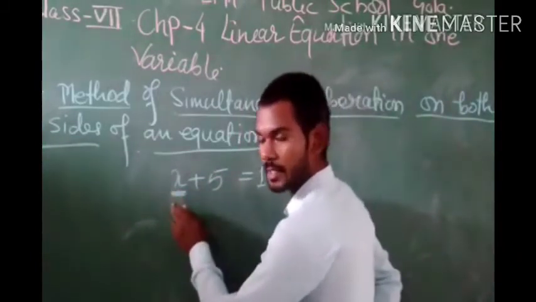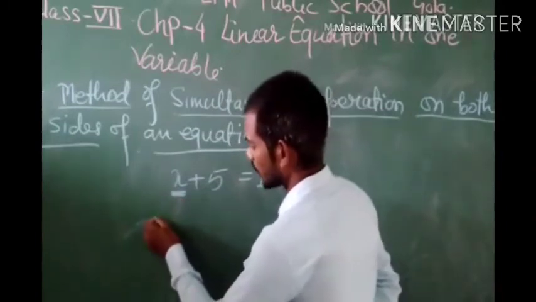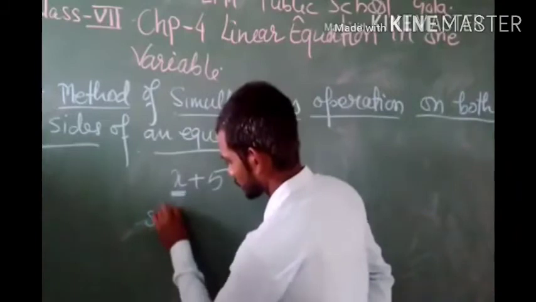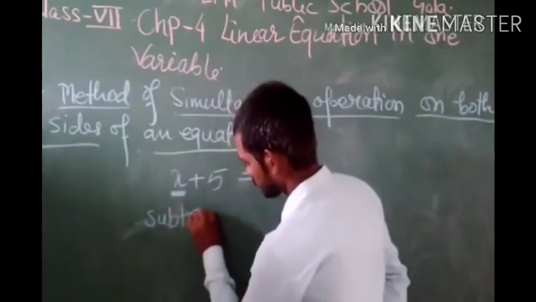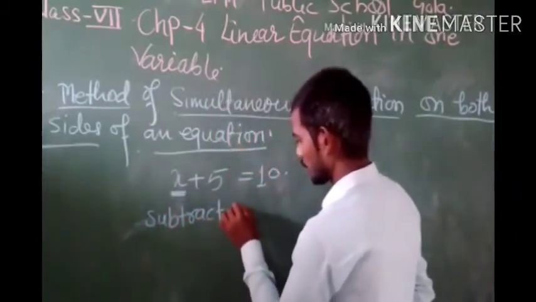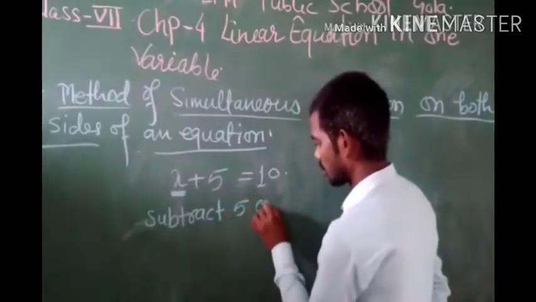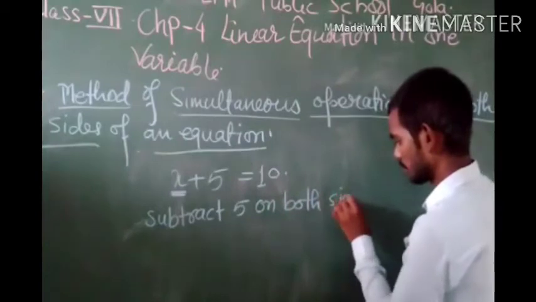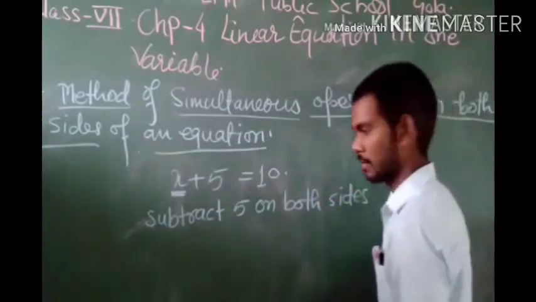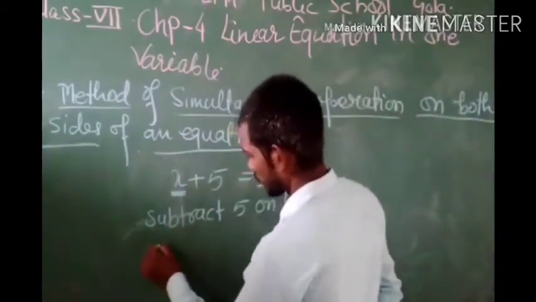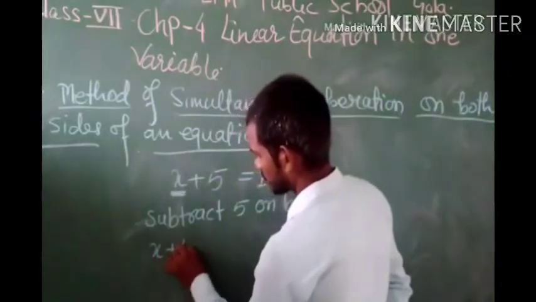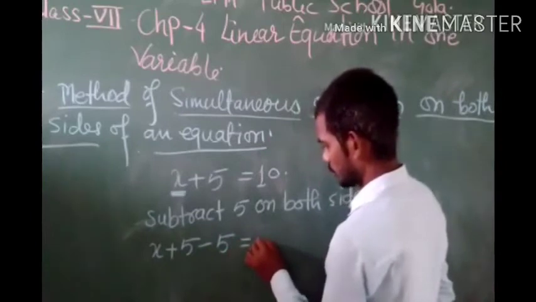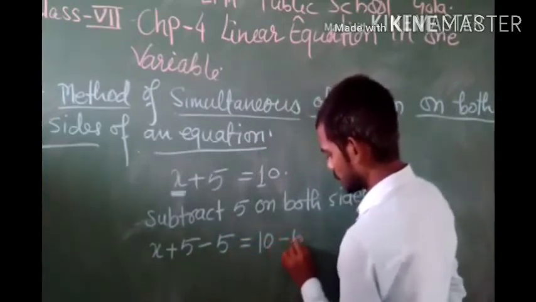To isolate this variable x, we subtract 5 on both sides. We have x plus 5 minus 5 is equal to 10 minus 5.